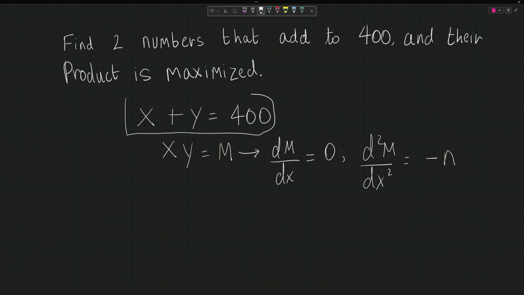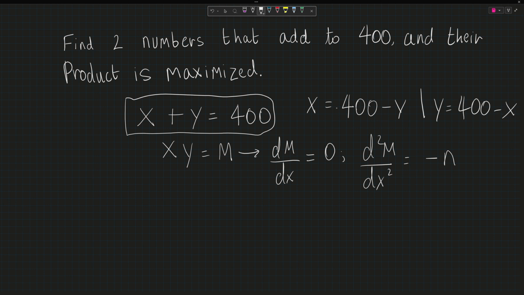This is our constraint equation. If we do substitution, x equals 400 minus y, or y equals 400 minus x, either one. If you're substituting for x, you choose this one. If you're substituting for y, you choose this one. But here I'm substituting for y, so I'm going to choose the second.